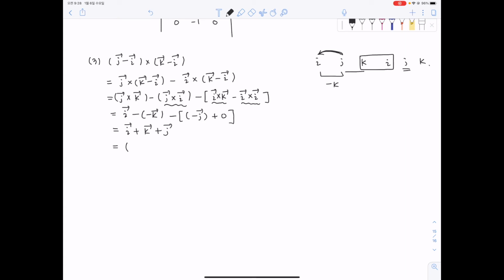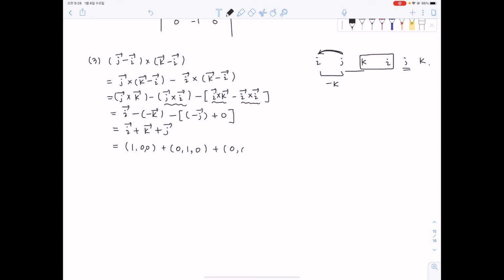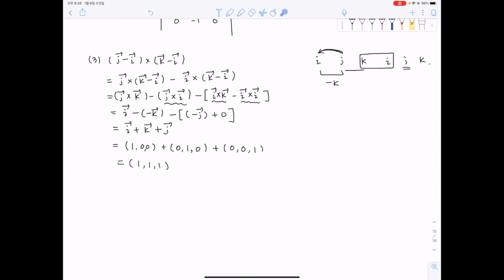So i, j, plus k. So it is just 1, 1, 1. Okay. If you are not familiar with how to check this result, like i minus k minus j is 0, then you can think about it using the right-hand rule.